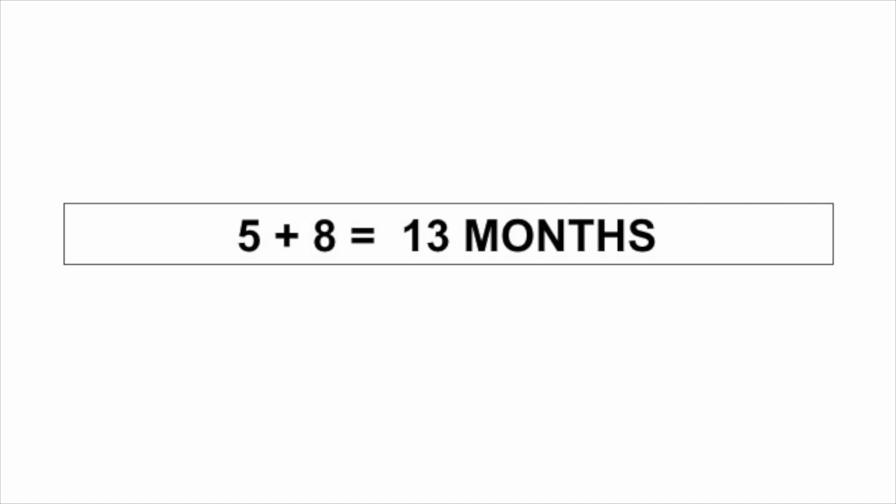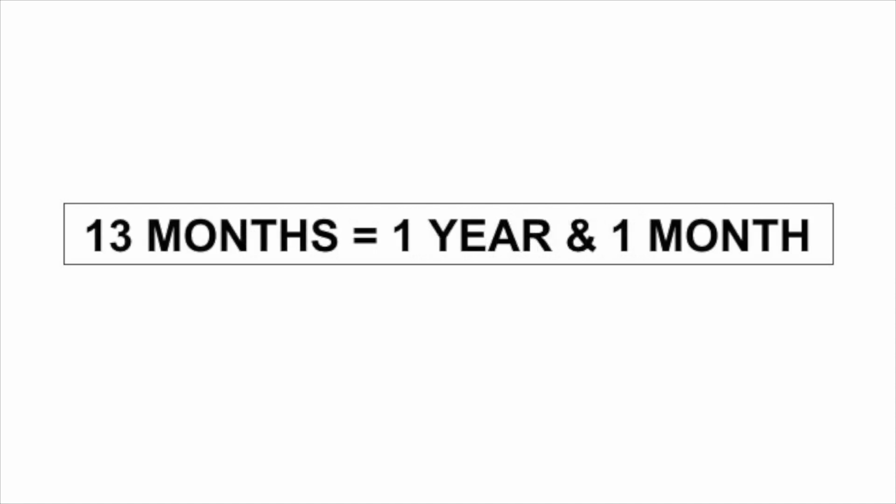But then 5 plus 8 equals 13 months. But how many months in 1 year? 12. So it's actually 13 months is 1 year and 1 month. So we need to add that on too. So we can add another year. So 14 becomes 15, and then we can add on the month too.